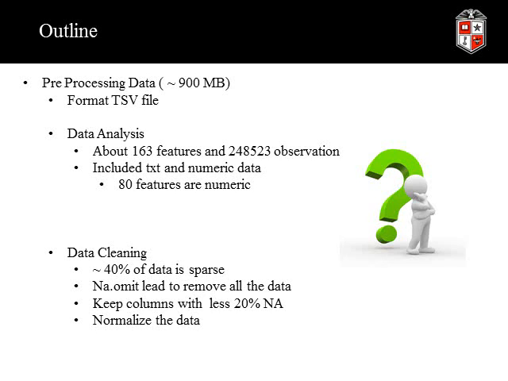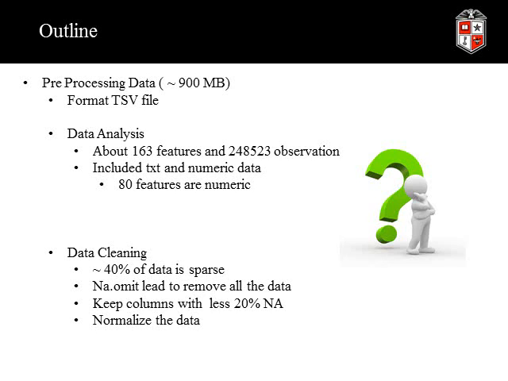I noticed that the data that I'm working on is very sparse, meaning about 40% of the data is NA or missing information. As a challenge, I was not able to use the omit function to remove the NA data because it would lead to an empty data set.